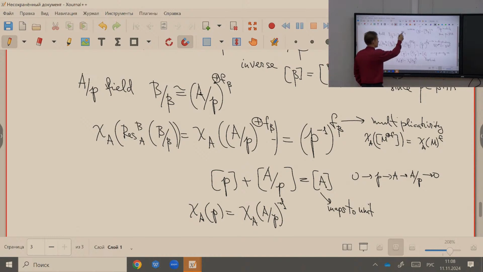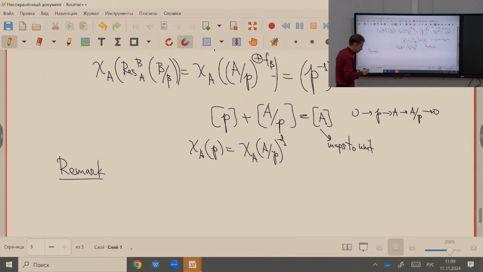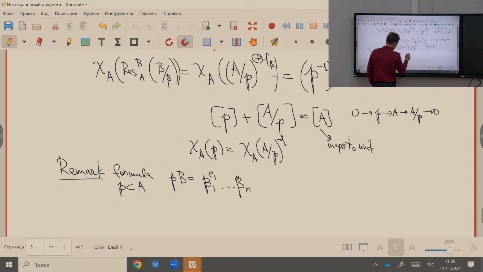Notice that if you start with pi, a remark about the multiplicativity formula that we have obtained, the formula for the degree, in the following situation: if you take pi inside A, and write PB as beta 1 to the E1, and so on up to beta n to the En, you can obtain the formula of restriction.